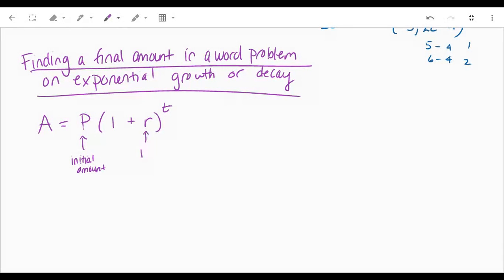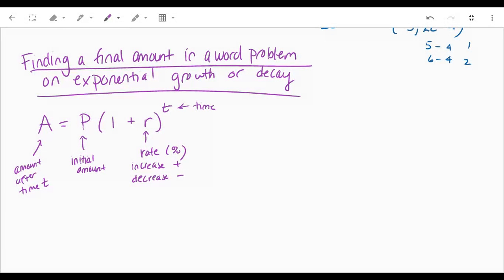This is the rate. Make sure that it's a percent, so we divide by 100. If we're increasing, it's going to be positive. If we're decreasing, it's going to be negative. Okay. And then this is the time. Okay, and then this is the amount after time t.